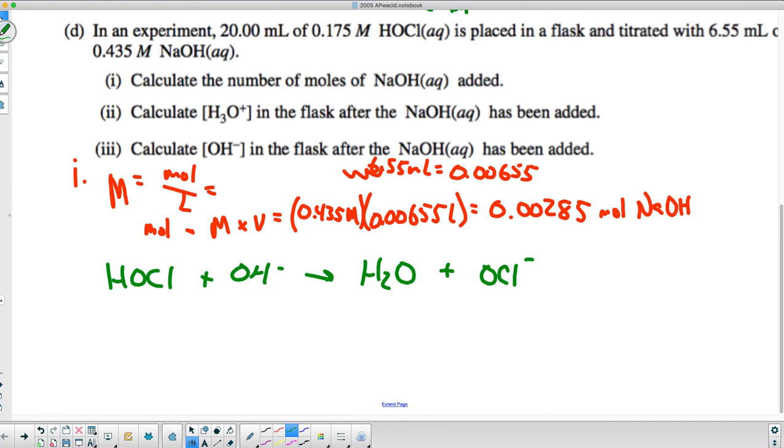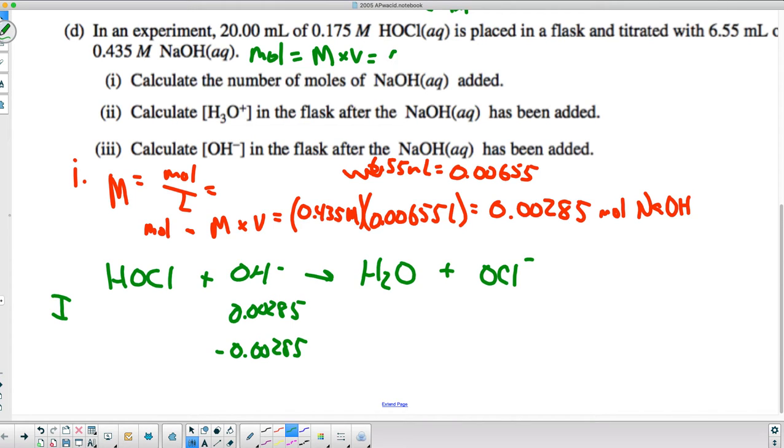So here's what's happening. In my initial concentrations, I need to find the number of moles of HOCl. The number of moles of NaOH is 0.00285, and I'm going to subtract that because that's the one that's smaller, I'm pretty sure. Let's do this up here. Number of moles equals capital M times V, and V must be in liters.